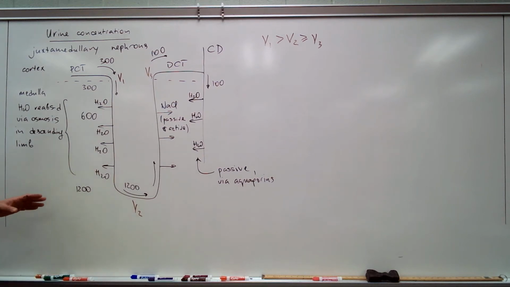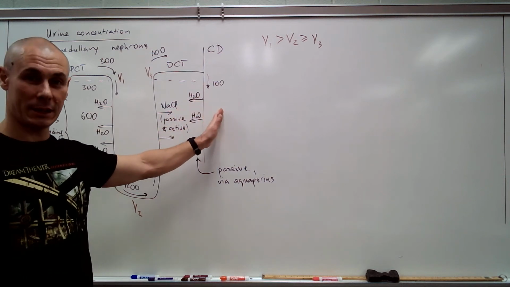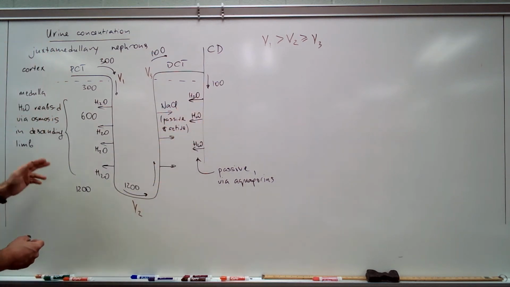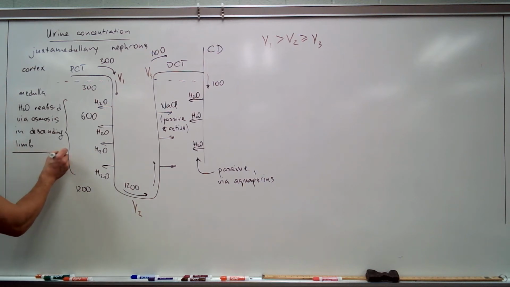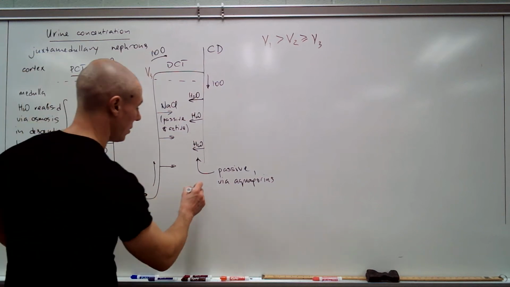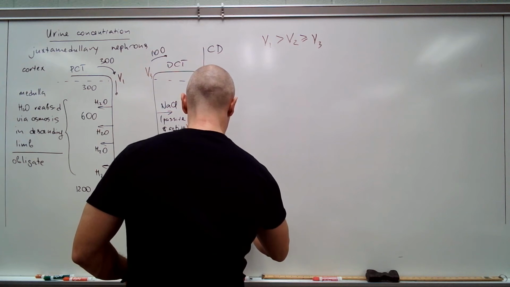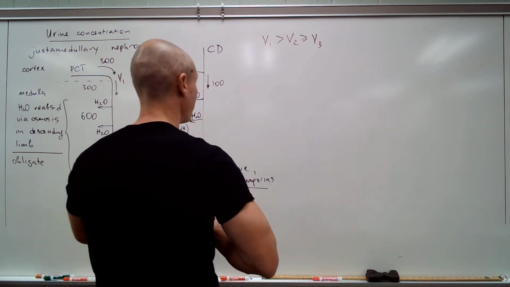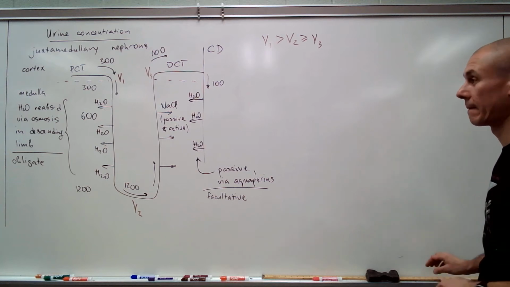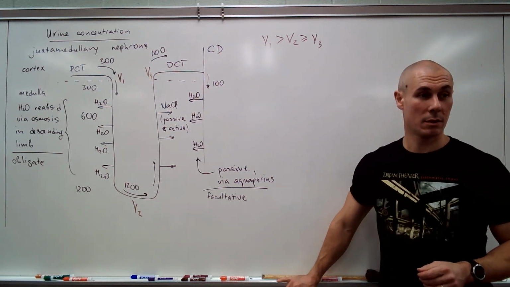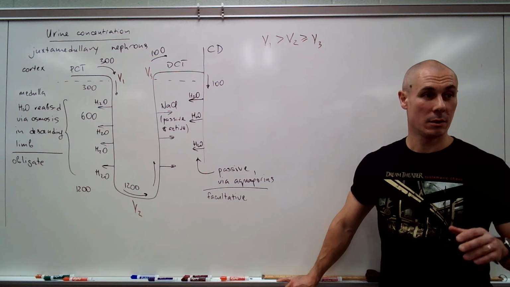The biggest difference between reabsorption in the descending limb and the reabsorption in the collecting duct is that this reabsorption is obligate, meaning that it's going to happen no matter what, while this reabsorption is facultative. Are we clear?